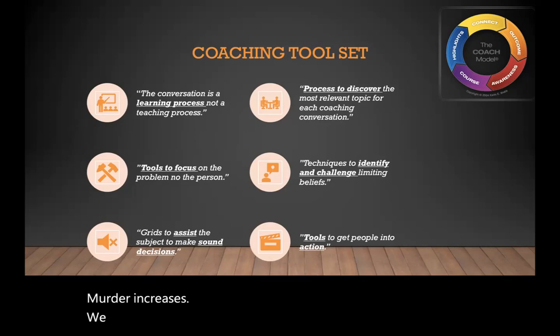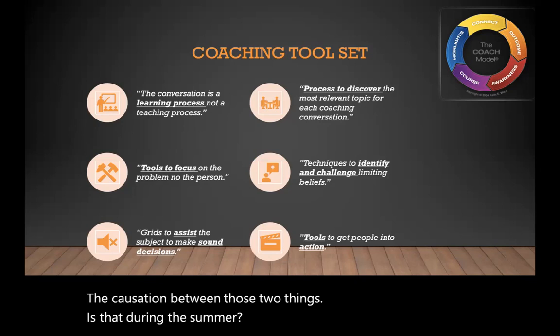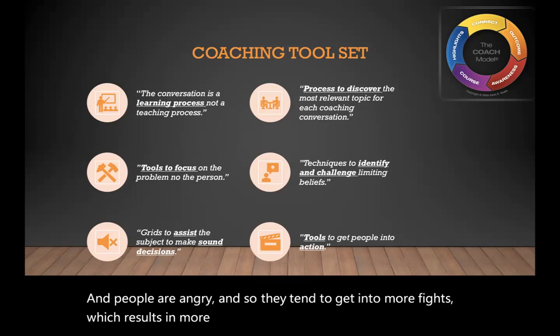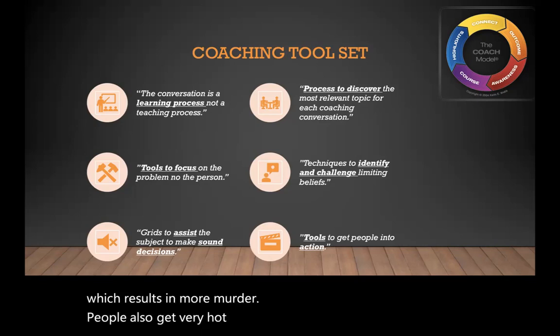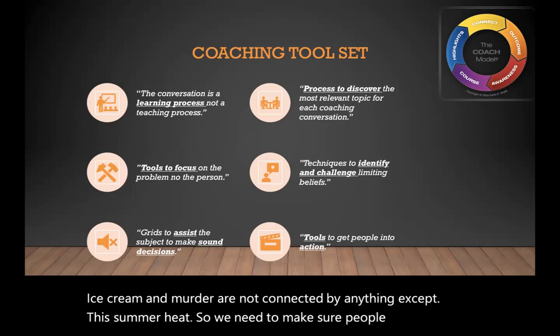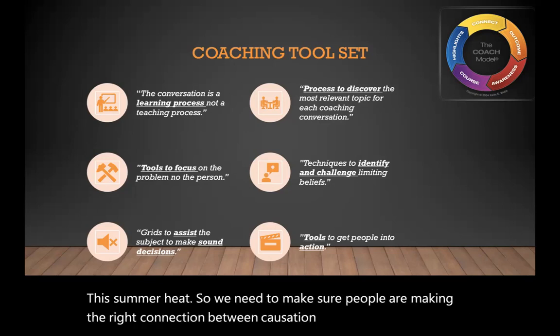We don't know why. The causation between those two things is that during the summer, people are hot and people are angry. And so they tend to get into more fights, which results in more murder. People also get very hot and go out and buy ice cream. Ice cream and murder are not connected by anything except the summer heat. So we need to make sure people are making the right connection between causation versus correlation.